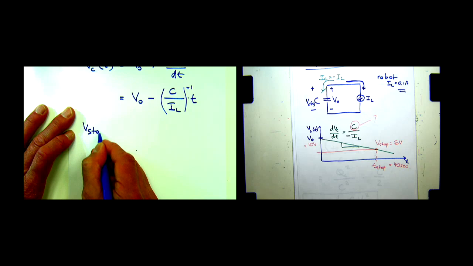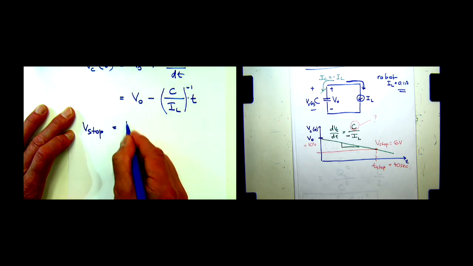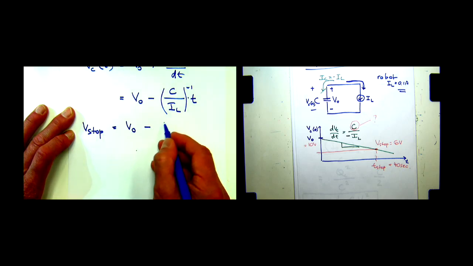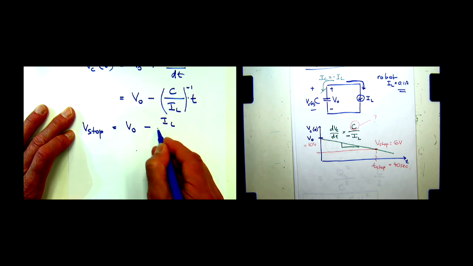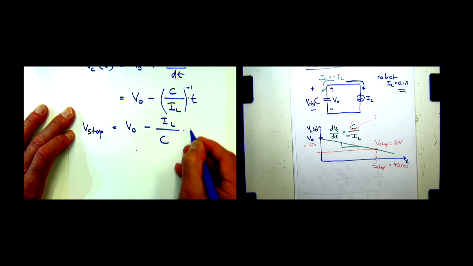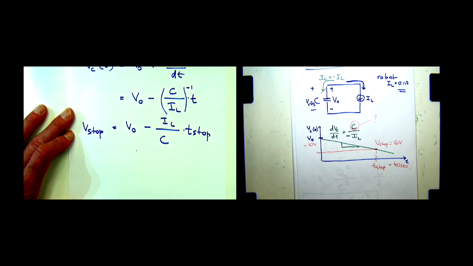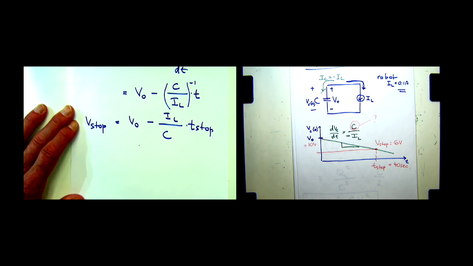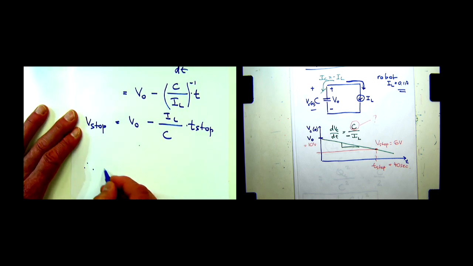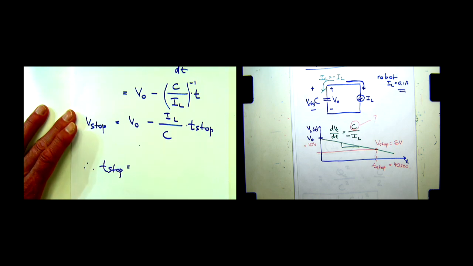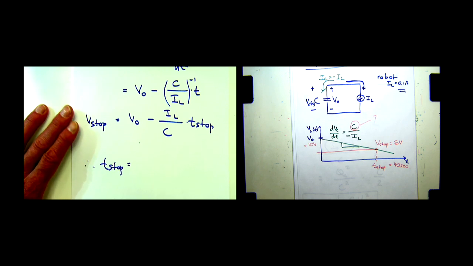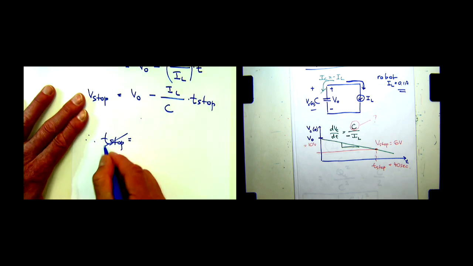So V stop is equal to V0 minus IL over C times T stop. And now we can solve this for T stop. Well, actually, T stop we're not even interested in.